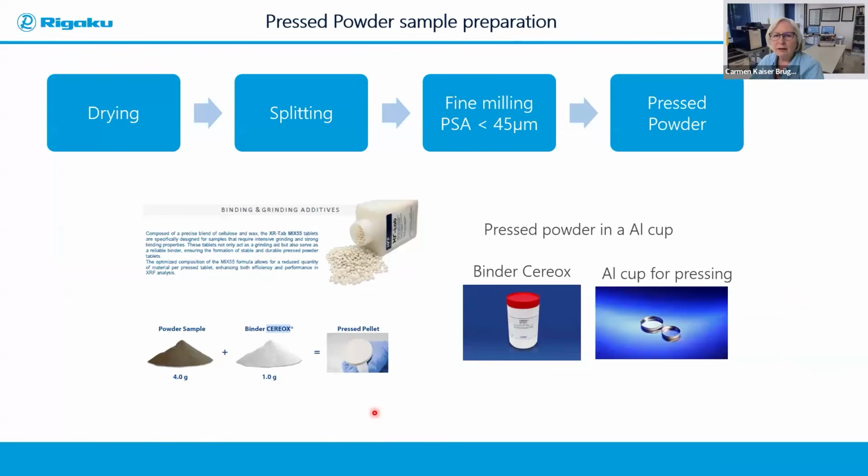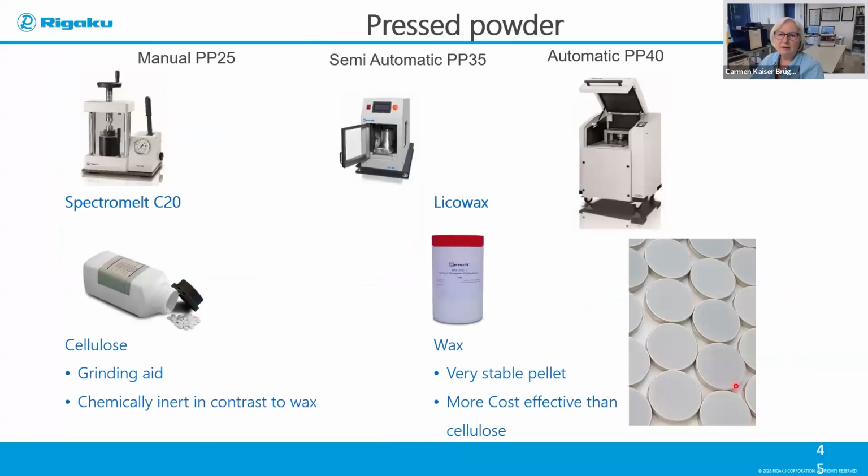Okay, so in order to make the final pressed powder, which you can see here, it's really important that we mix the sample with a binder, and we make the pellet with an aluminium cup so that we have some kind of stabilization. This mixture is usually pressed with either a manual or semi-automatic press, or even an automatic press.